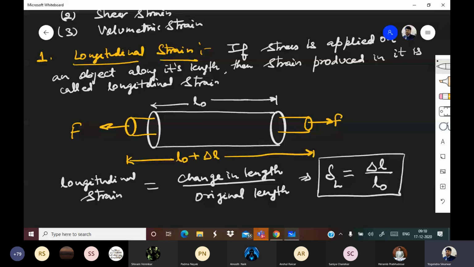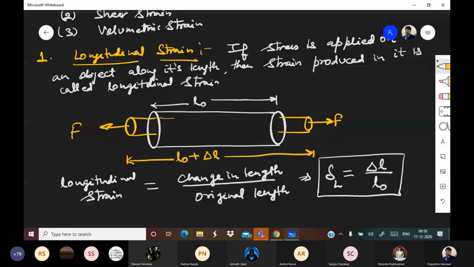The exact difference between stress and strain is basically cause and effect. So cause is stress and effect is strain. Are you getting it? Have you understood? Yes, sir.